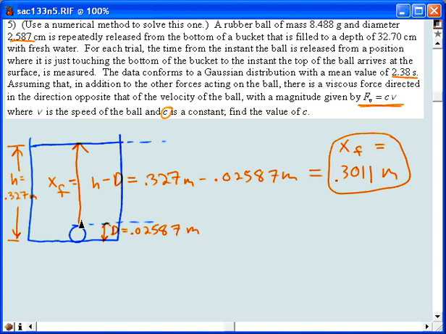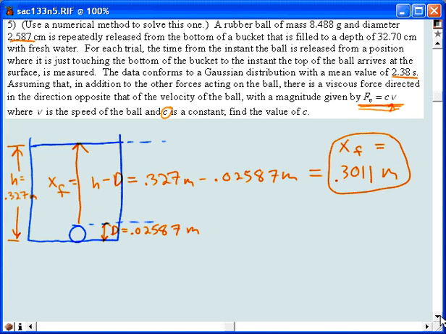So, this would be a rather straightforward problem to find out how fast it's going, for instance, if the speed was constant, or it'd be pretty easy if the acceleration was constant, but we've got a force that depends on how fast the ball is going, and so clearly the acceleration is not going to be a constant.